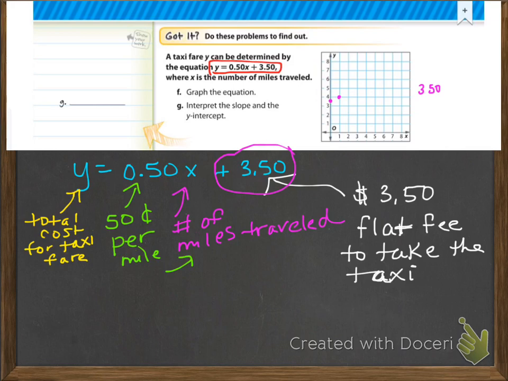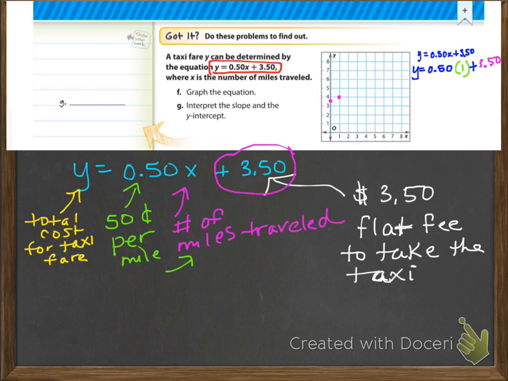Hold on, let me write this differently. Okay, so off to the side, I went ahead and wrote the equation. So if we're talking about 1 mile, then all you're really doing here is putting in y equals 0.50 times 1 plus the $3.50. Sorry, I had to make that a little smaller. And I'm going to erase that right here so that you can see clearly that I'm saying 1 goes right here, and now it's going to be plus the $3.50 flat fee, okay?